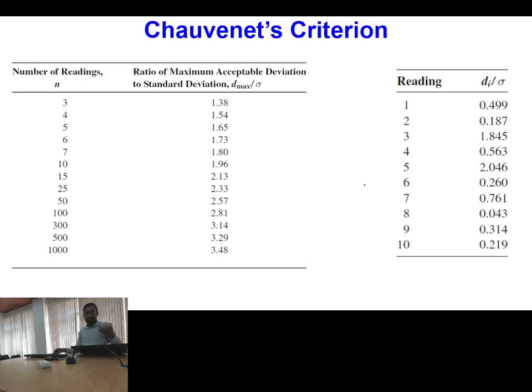Say I am getting some values: 25.3, 25.2, 25.8, say 26.9, 24.9. Now can you tell me, out of all these readings for a single parameter, which one is the bad data point? 26.9.